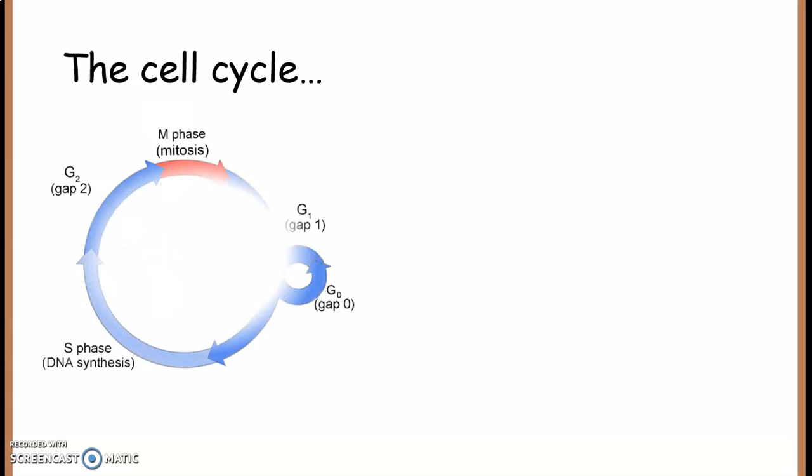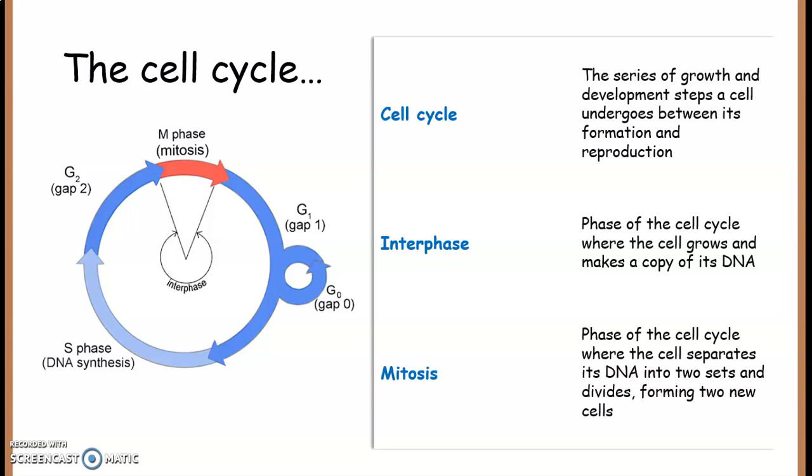So what do you think is a cell cycle and its checkpoints? Basically, the cell cycle is something diagrammatically represented. It is a series of growth and developmental steps of a cell between its formation and reproduction.